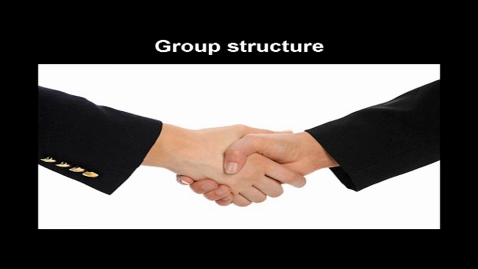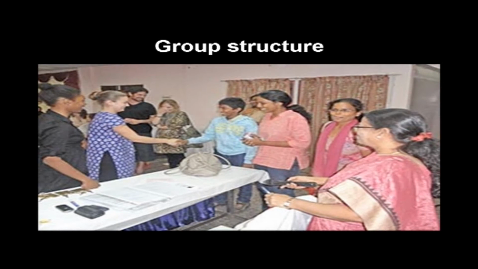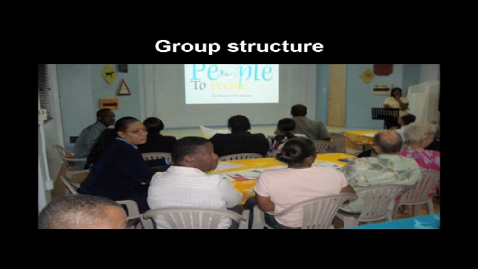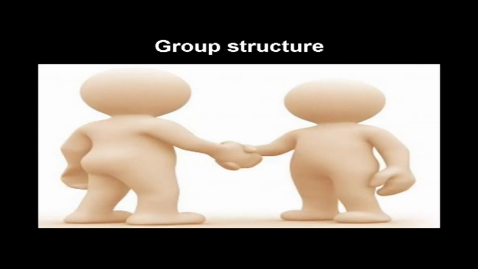The structure of the secondary groups is designed in a formal manner by well defined authority and bureaucracy. The functions are definite, formulated and also limited. The relationship between the members is also definite and restricted.